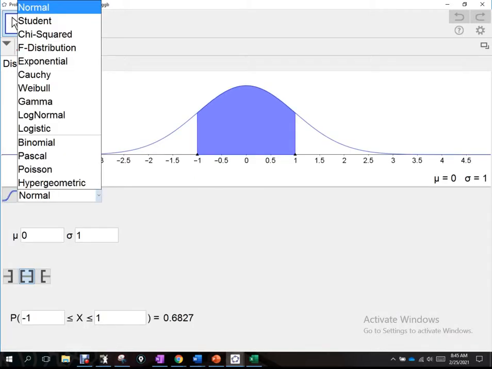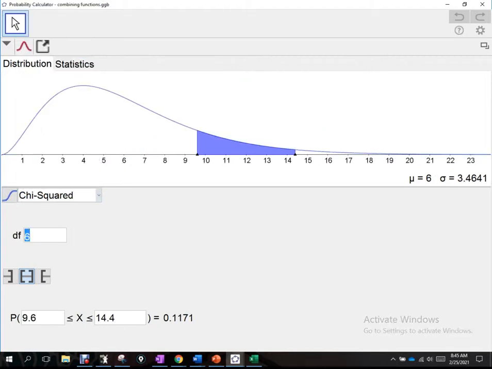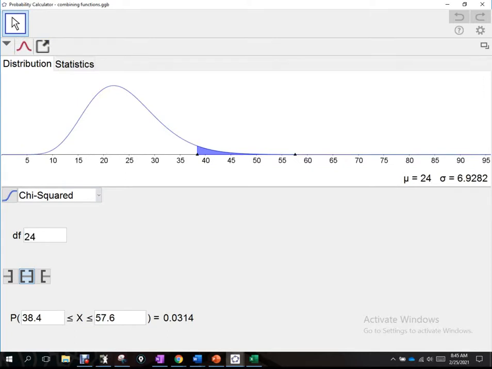If I click on normal and then go to chi-squared, I'll type my degrees of freedom. So I'm just going to use the scenario we had yesterday. I always click on this one here to go left, just staying consistent with how we did with Excel, where it's cumulative to the left.